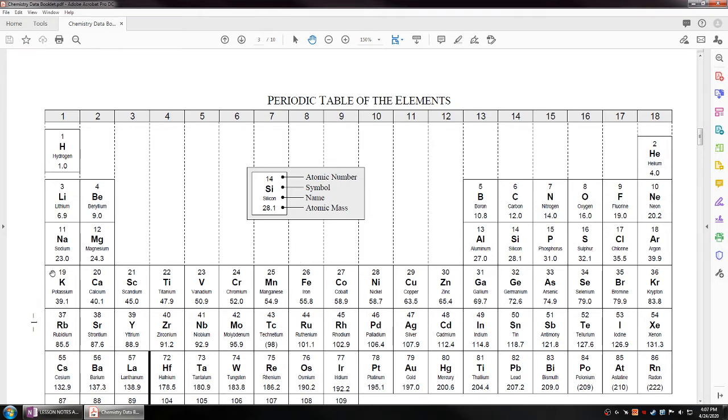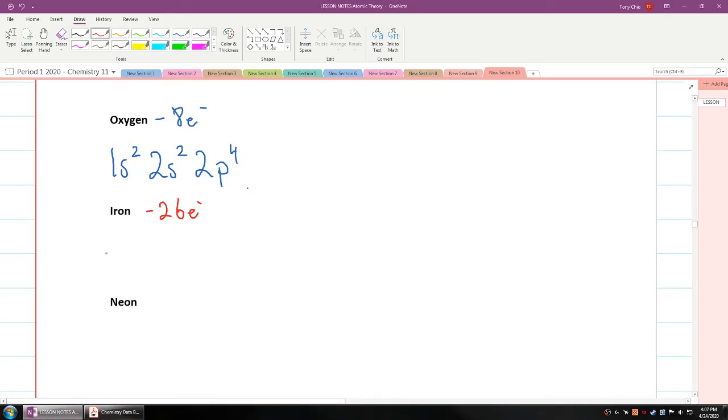But if you go back, iron also has 2 4s electrons. It also has 6 3p electrons. Keep going back, it has 2 3s, 6 in the 2p's, 2 in the 2s, and 2 in the 1s. So if you write this out, this is what it looks like.